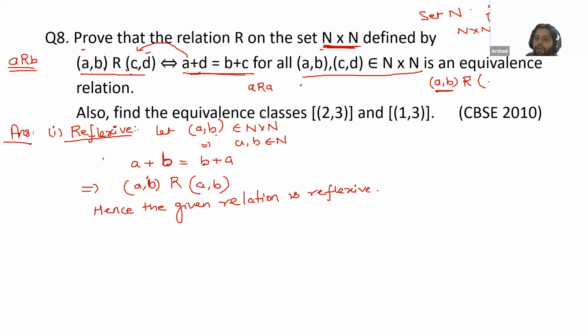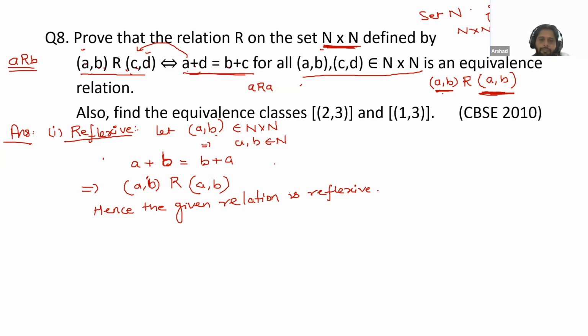For reflexive, we will write AB, not B, AB. What is reflexive? Every element is related to itself. So we have AB, and AB should be related to AB. This is clear, Abdur. We need this in the final result.